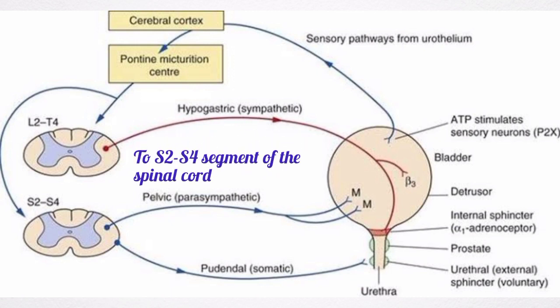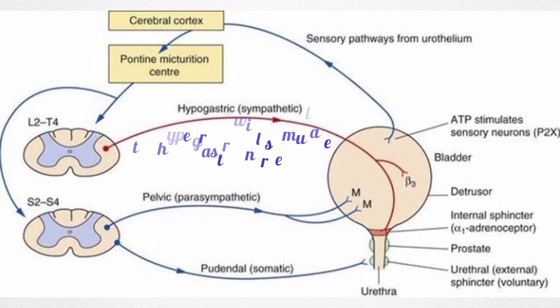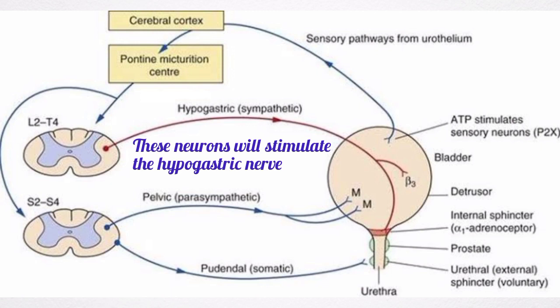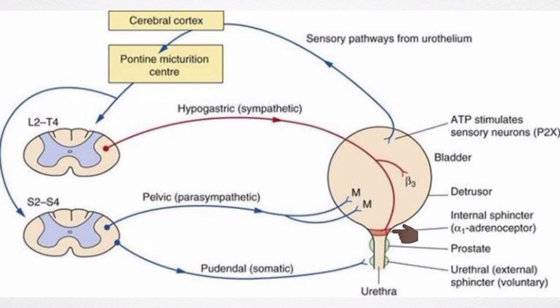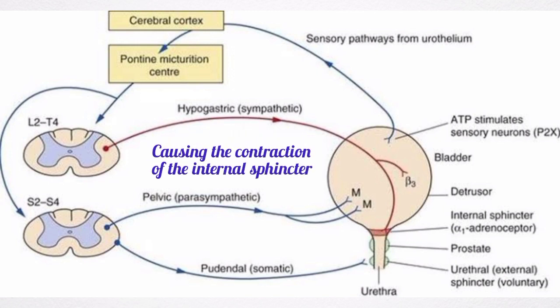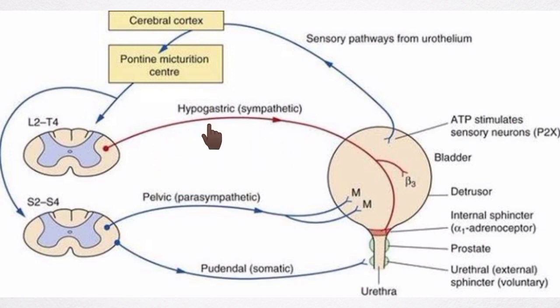Now, this neuron will stimulate the hypogastric nerve from the thoracic and the lumbar region. When the hypogastric nerve is stimulated, it will stimulate the alpha 1 receptor in the internal urethral sphincter, causing the internal sphincter to contract.